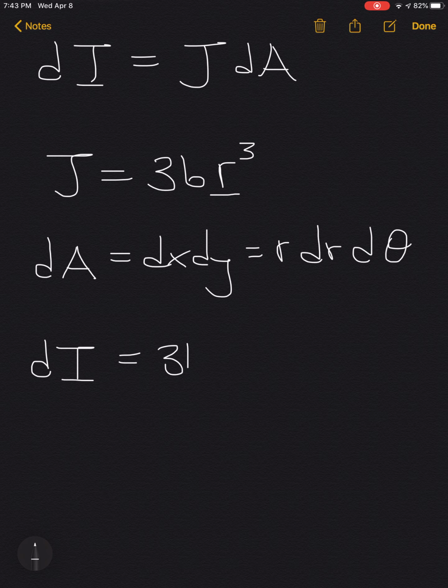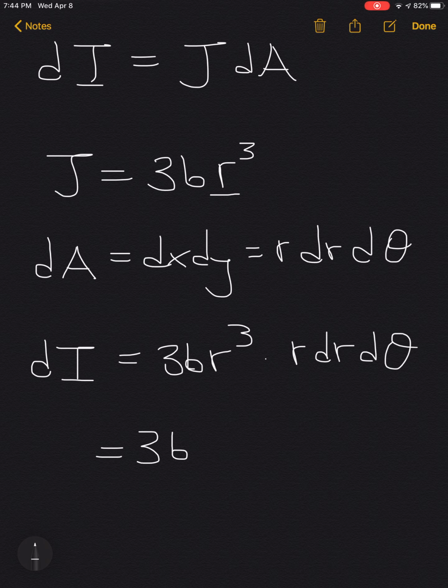This is 3b r cubed times what dA is, which is r dr d theta. We can simplify this because the r's are the same r's, so they multiply each other. So you have 3b r to the fourth dr d theta.